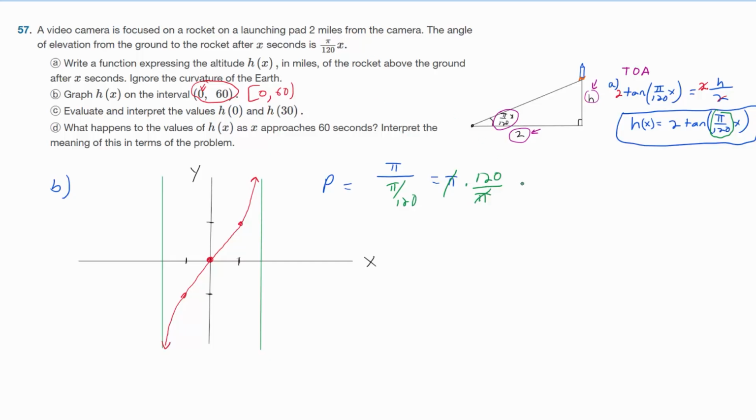So the period for this thing is 120, which means the distance between the asymptotes, the length of the period, is 120. That means out to one asymptote is half that distance, because the x value of 0, which lies on the y-axis, is right in between them. So the equation of this asymptote has to be half of that 120, which is 60.